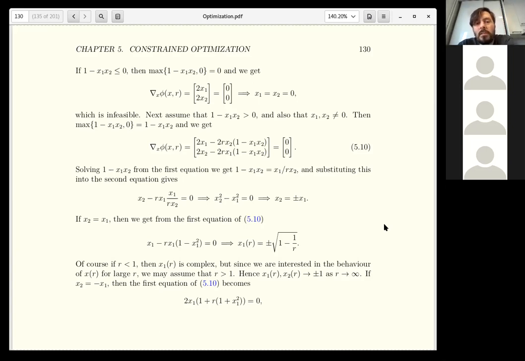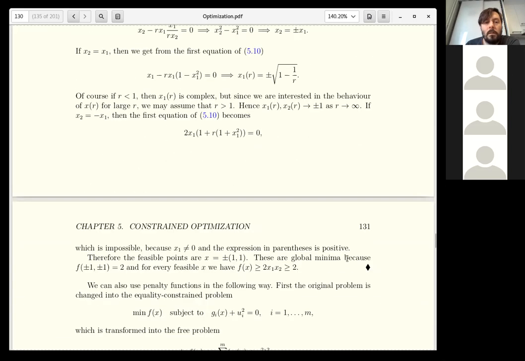We are only interested in situations where this r is very large and it approaches infinity. And solving for this, this is calculating the first equation and the second equation. If we get x2 is equal to minus x1, then we get an impossible situation.